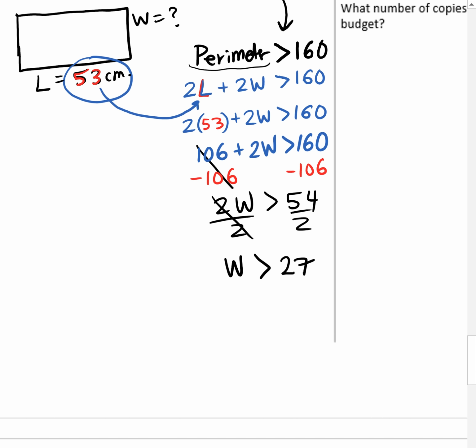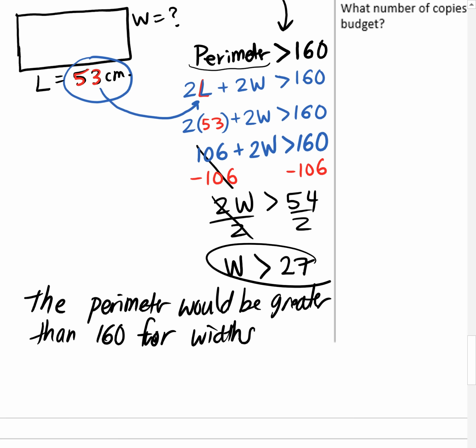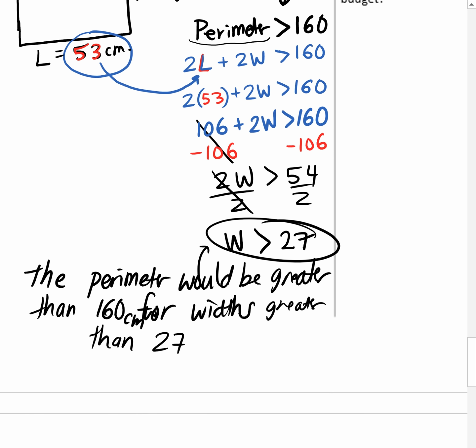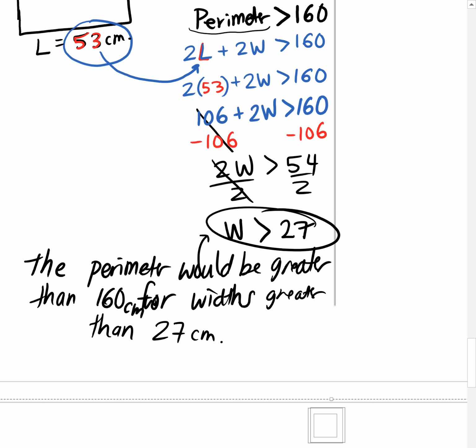So I'm going to say the perimeter would be greater than 160 for widths, I guess, how do I read this out loud, this inequality, greater than 27. And I guess the units they're using in the problem are centimeters, so I probably should add those units. So the perimeter would be greater than 160 centimeters for widths greater than 27 centimeters.